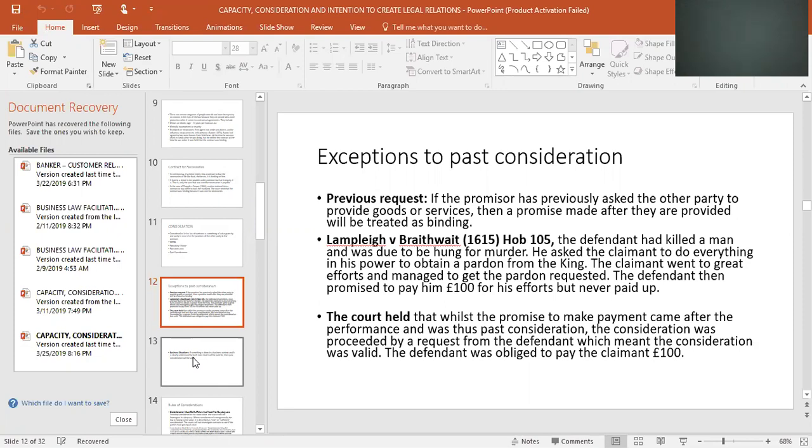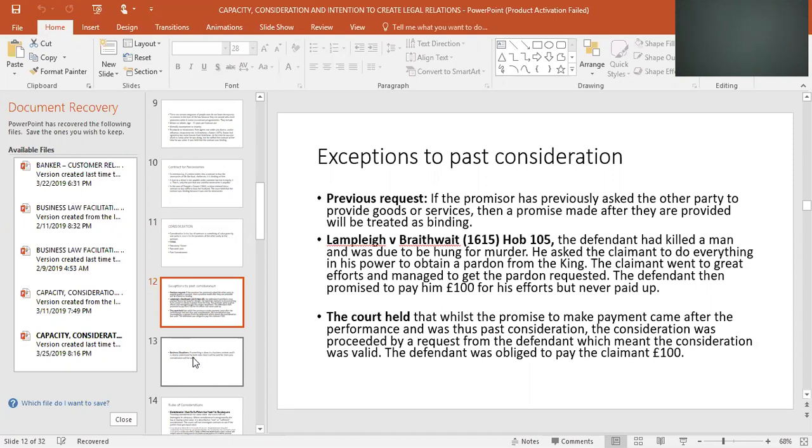Once you have made a previous request, when the person brings an item or delivers what you requested, that will not be termed as a past consideration because it is a previous request you made that has delayed and maybe they are now delivering.